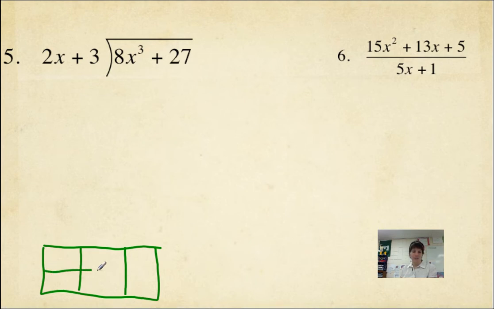And I have a binomial on the outside. So my degree determines my columns. My divisor determines my rows. So we have 2x, oops, not plus, it should be a plus 3.